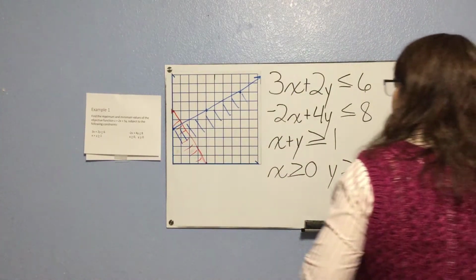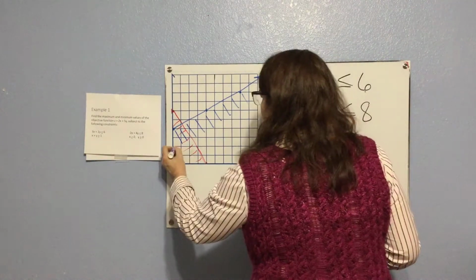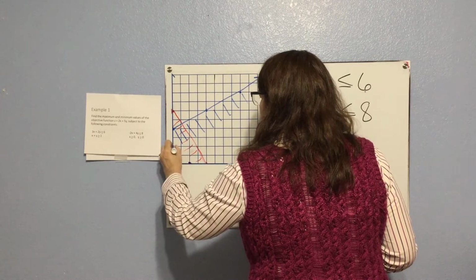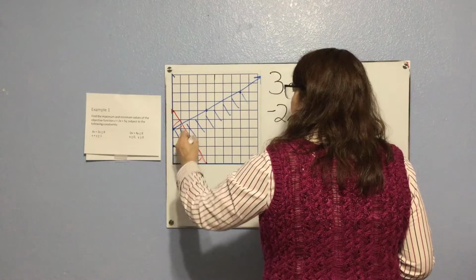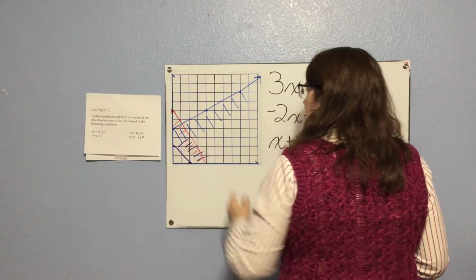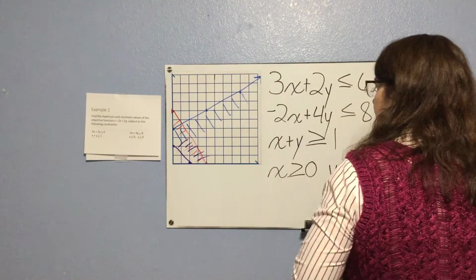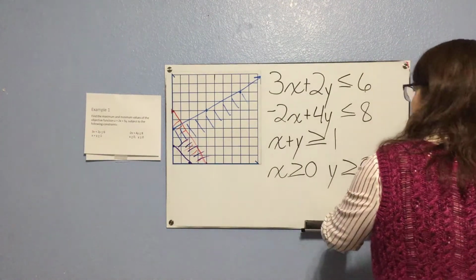My third constraint, x plus y greater than or equal to 1. Both the x-intercept and the y-intercept are at 1. And greater than means we're going to go this way. So what's the area that's going to contain all three of those inequalities?